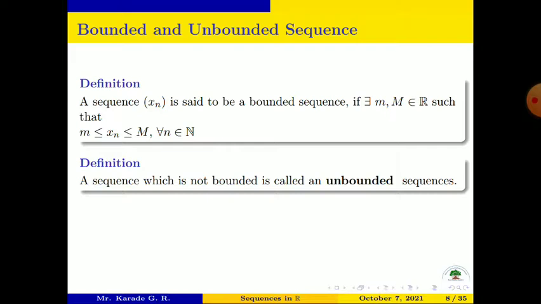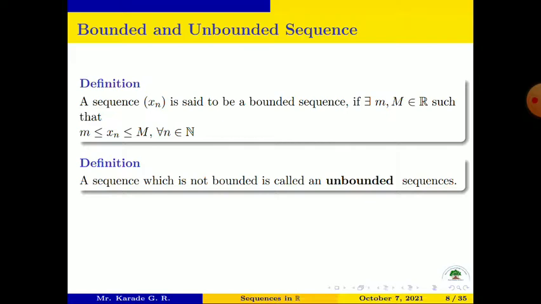Now let us define an unbounded sequence. A sequence which is not bounded is called an unbounded sequence. If at least one bound does not exist, then we say that the sequence is unbounded. That means if there exists a lower bound but there is no upper bound, then that sequence is called an unbounded sequence.